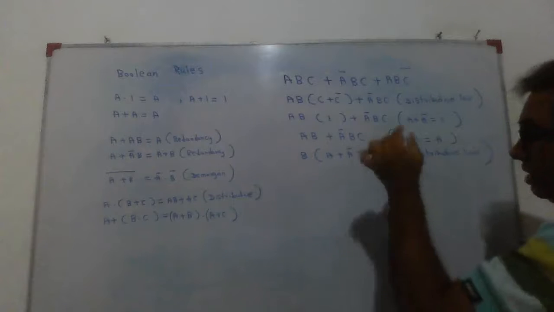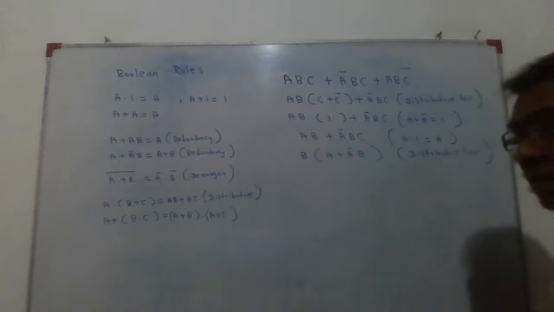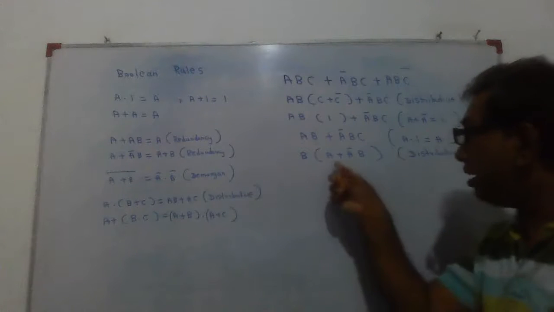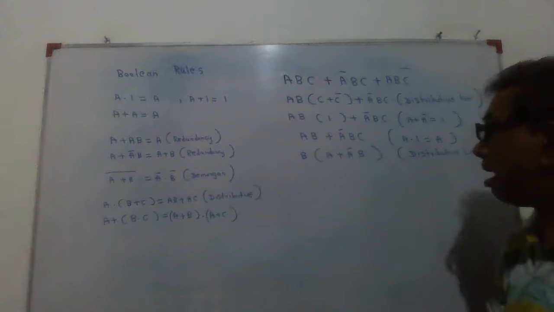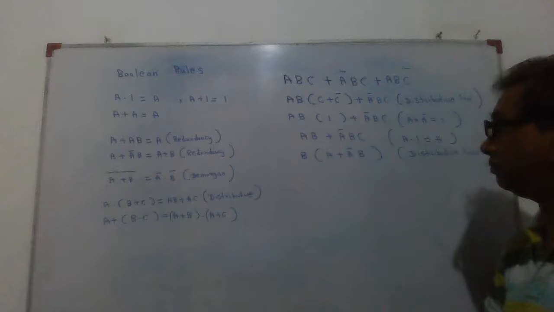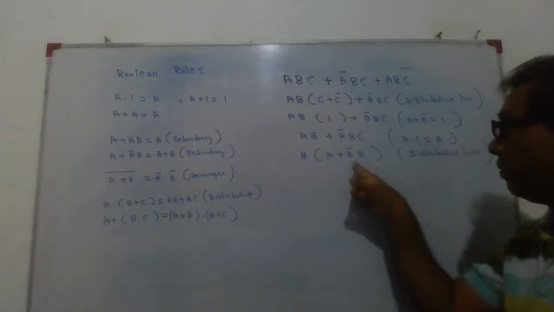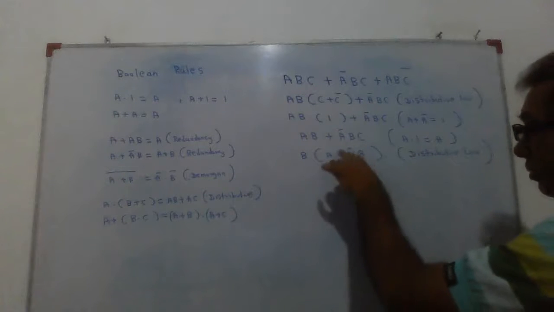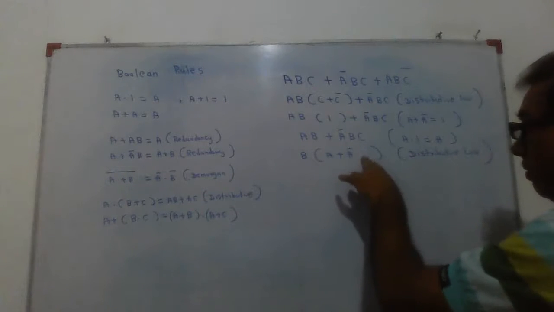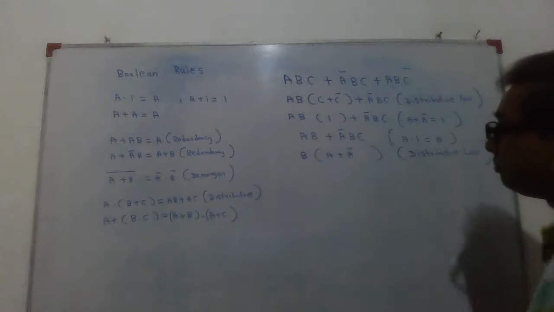So instead, what we do, we are going to see that A, or A bar and B. Something called A, or A bar and B. No, it should not be B. We have taken B out here.